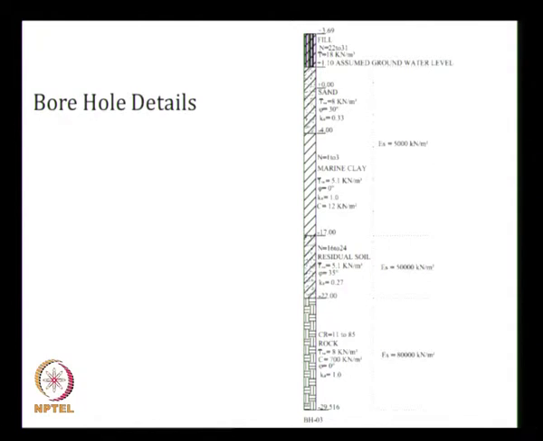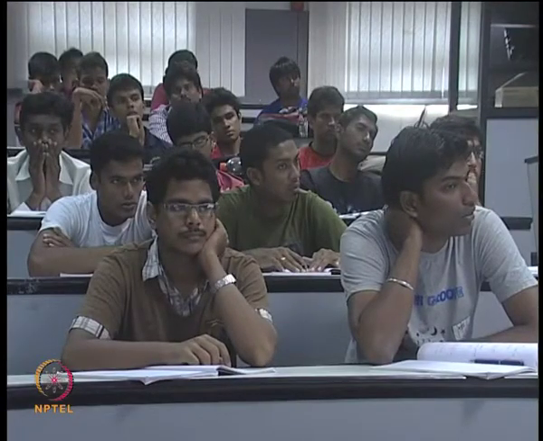What is the Young's modulus of concrete? 5000 root FCK. It depends on the grade of the concrete, the characteristic strength.